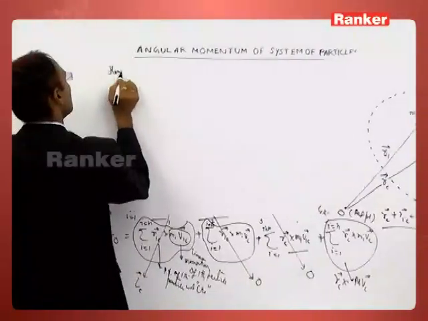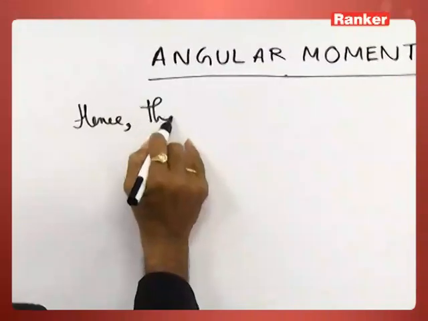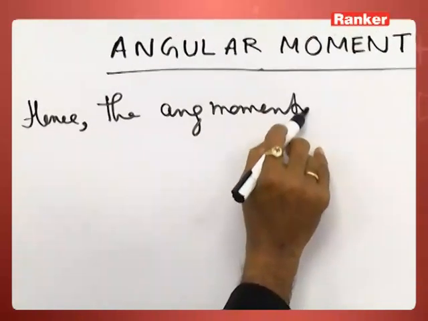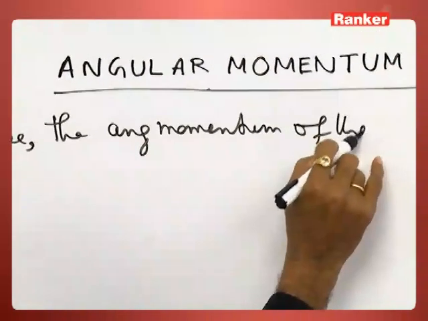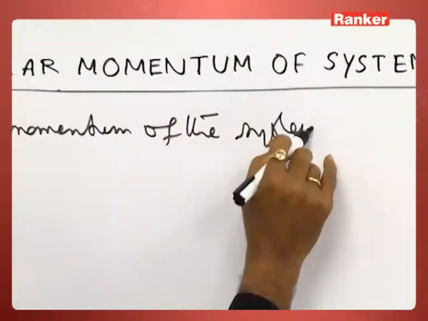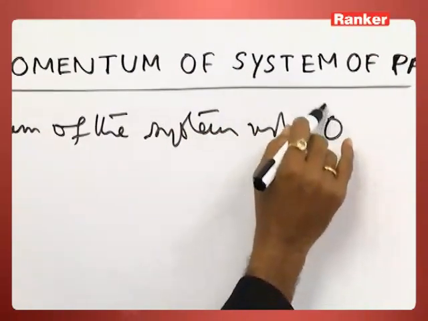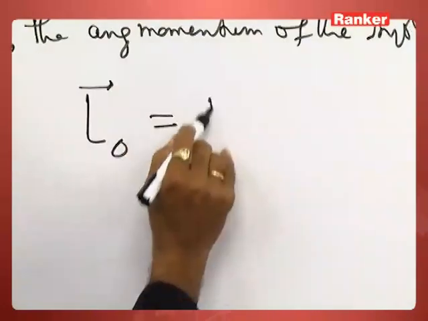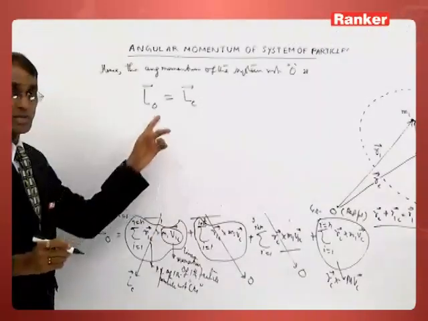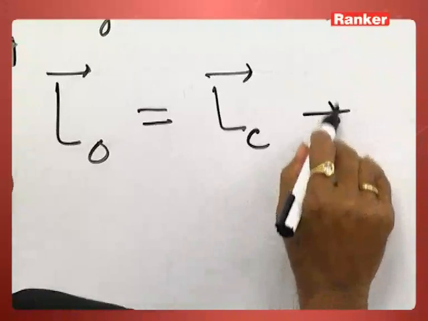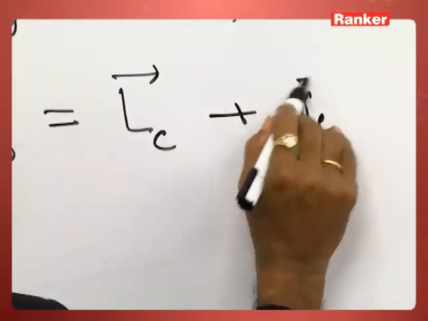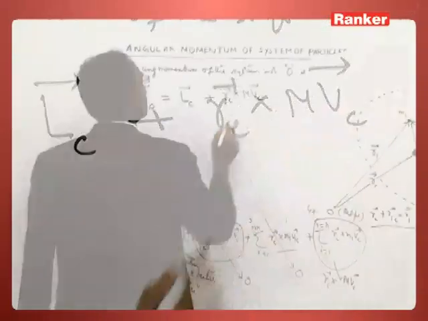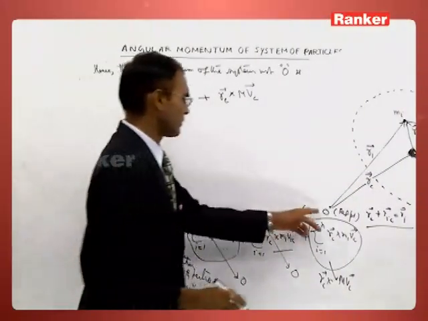Hence, the angular momentum of the system with respect to O is given as angular momentum of the system measured with respect to the center of mass frame plus angular momentum of the center of mass with respect to the given point.